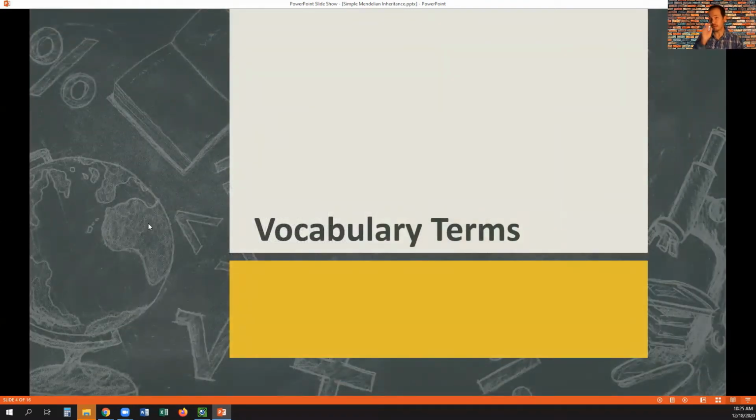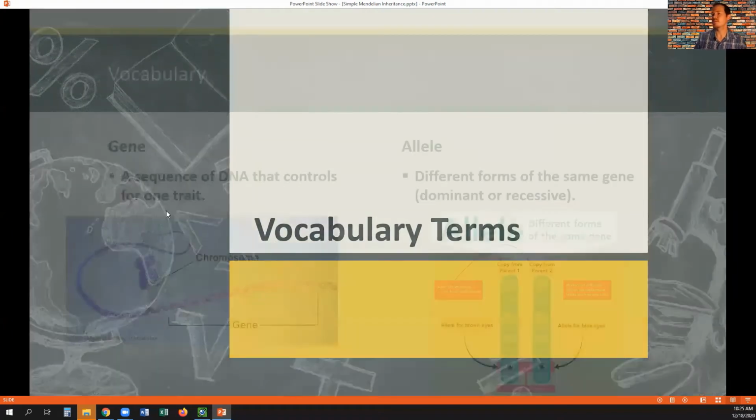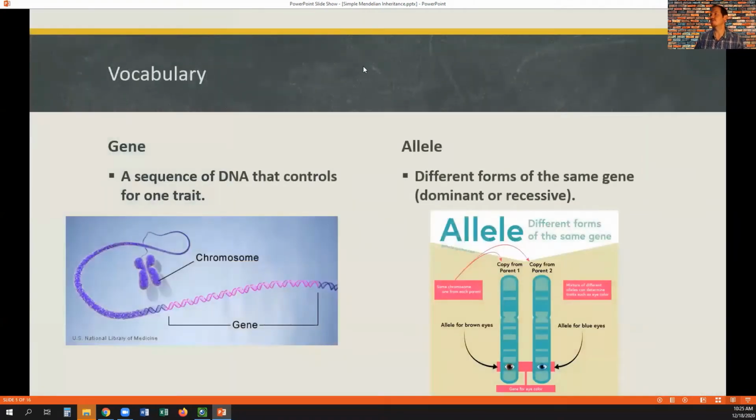So here are the vocabulary terms that you need to know in order to properly interpret and understand how to solve Punnett square problems. First up is a gene. A gene is just a sequence of DNA that controls for one trait.